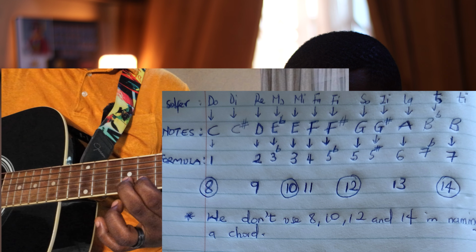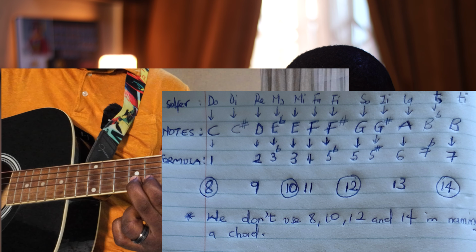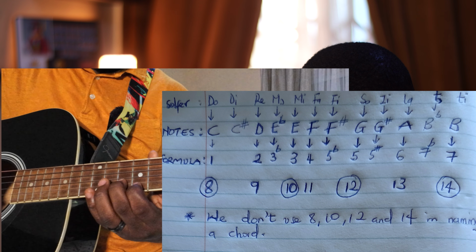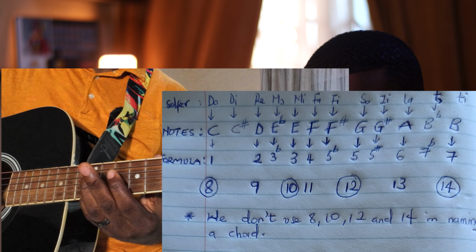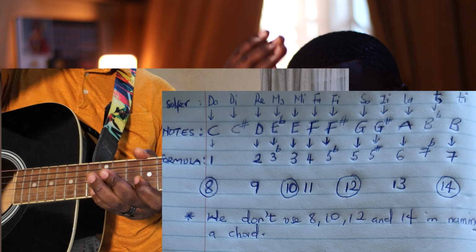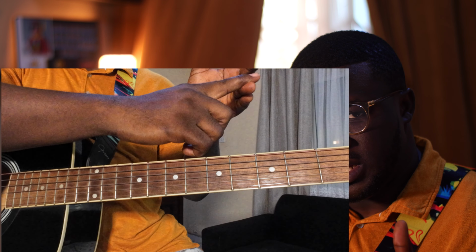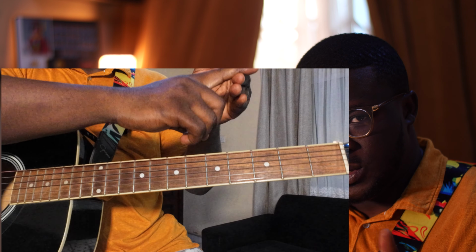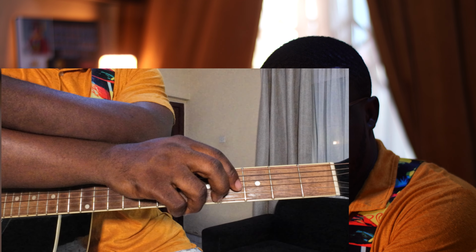We augment the 5 a semitone upwards. Then 6, 7 flat, 7. Watch what you see, not with the notes, but the notes, the chord formula, and then the solfa.